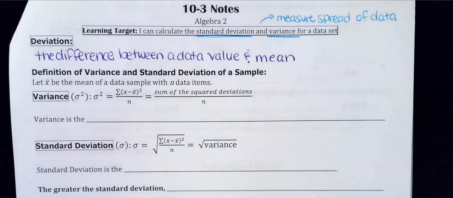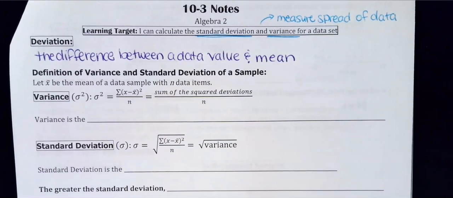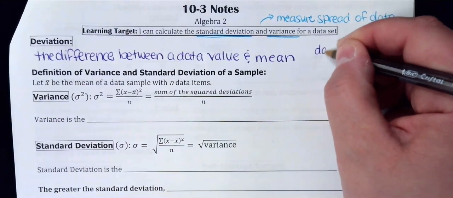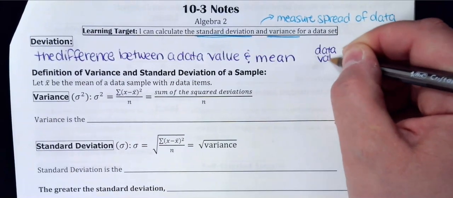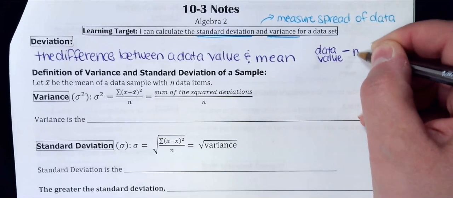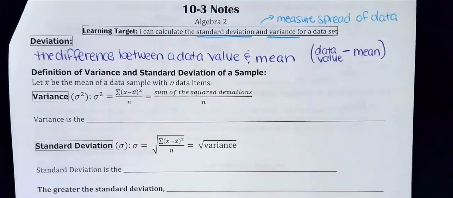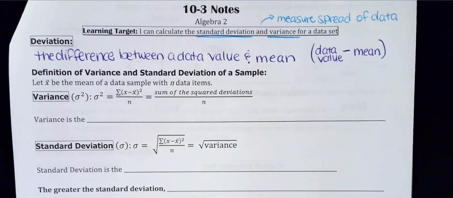Okay, now data value and the mean. You need both of those. You're going to see the symbols down here, but basically what you're going to do is take a data value and subtract the mean, and that will give you a deviation. How does it deviate from the mean? How is it different from the mean? It's always subtraction. Sometimes that could be a negative number, and we're going to talk about that in a second.